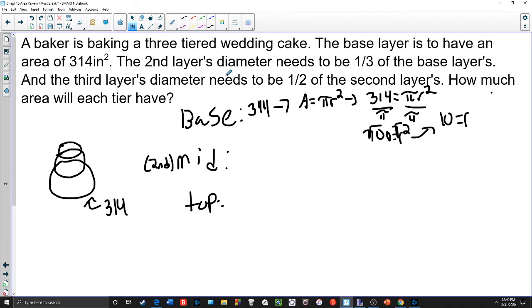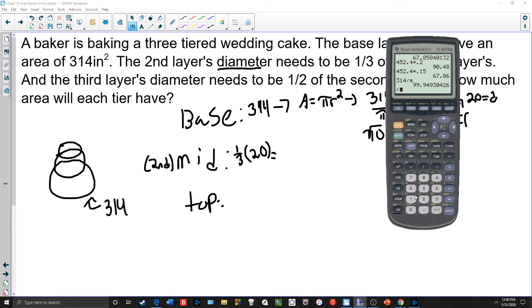It says the second layer's diameter needs to be a third of the base layer's diameter. So I don't need the radius in this case, I need the diameter. To get that diameter, I just double the radius. So 10 times 2 gives me 20 as the diameter. Now I'm ready to work with the middle. The middle needs to be 1/3 of 20, which is going to be a nasty decimal, but we can deal with it. 1/3 of 20 is 6.66 repeating, so we'll say 6.7.